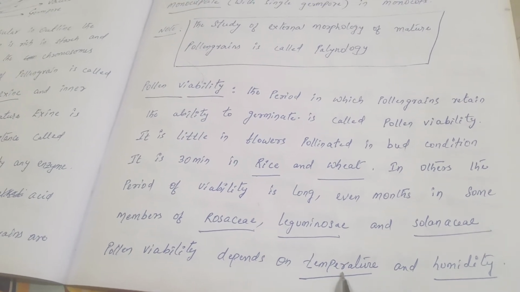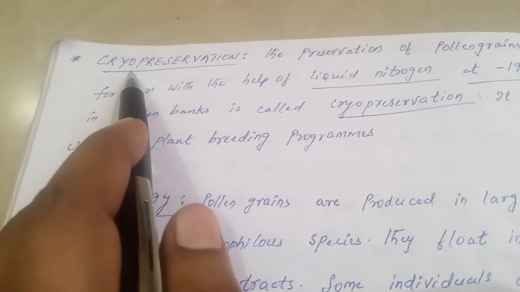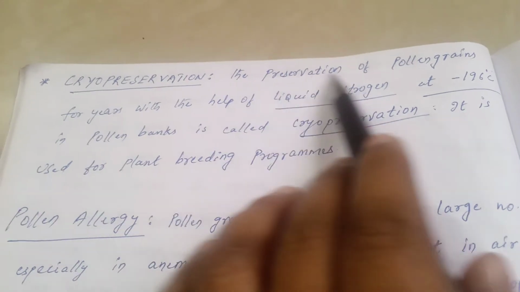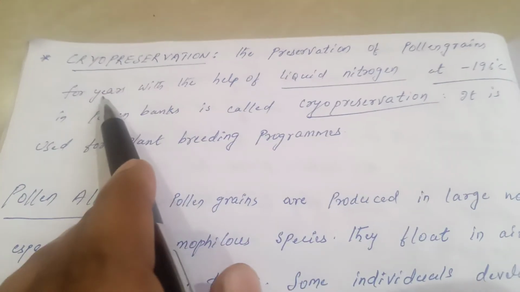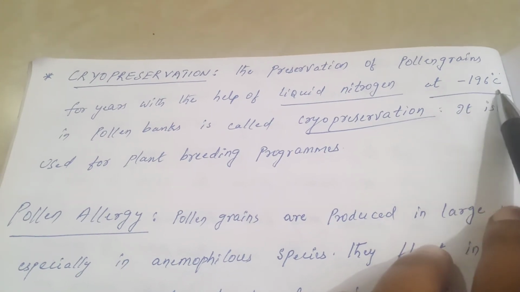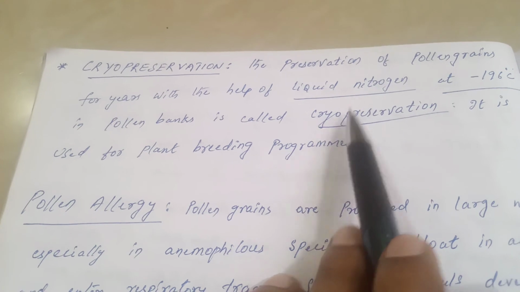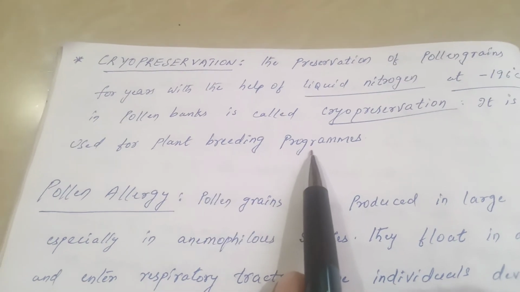Pollen viability depends on temperature and humidity of the area. And one more important point is cryopreservation. Preservation of pollen grains for years with the help of liquid nitrogen at minus 190 degrees Celsius in pollen banks is called cryopreservation. It is used for plant breeding programs.